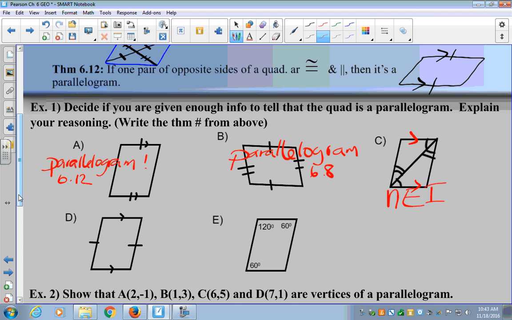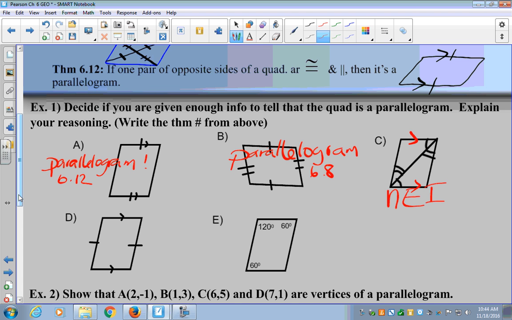Okay. So, I have got two parallel lines and one pair of opposite sides. If one pair of opposite sides are perpendicular and parallel, they're not the same.